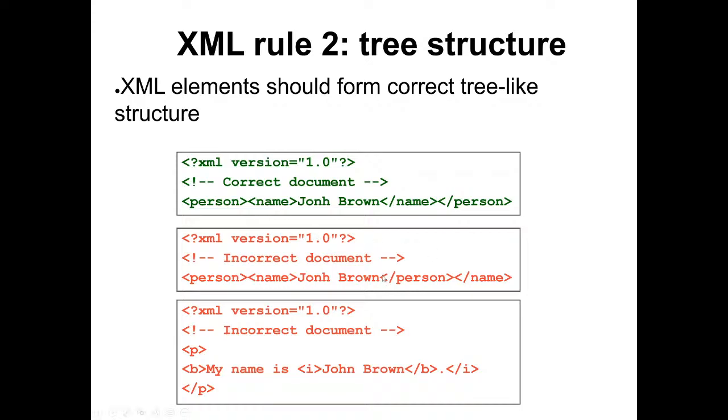You must have the tree here. You cannot close the, like in this case, if you start with the person, then you go to the name. You cannot finish the person before the name is closed. Right? It doesn't make sense from tree point of view.